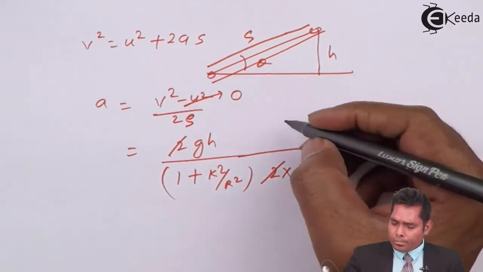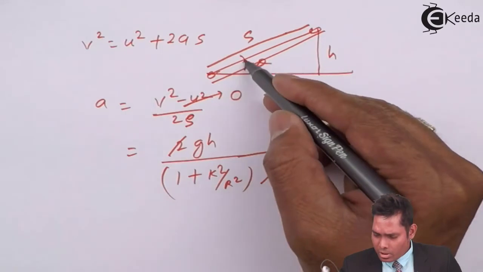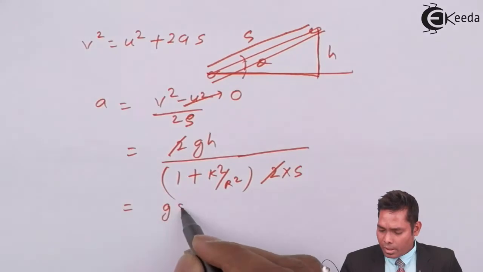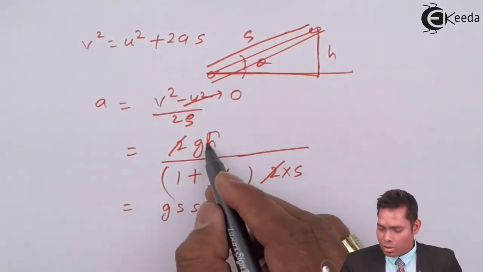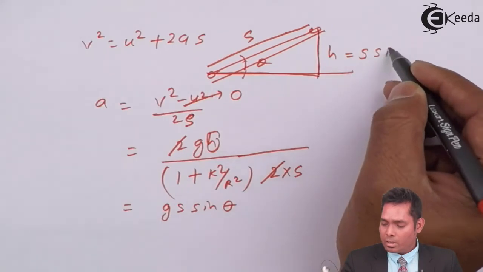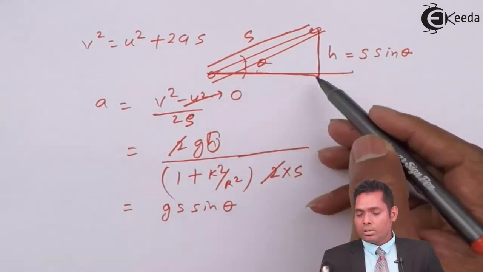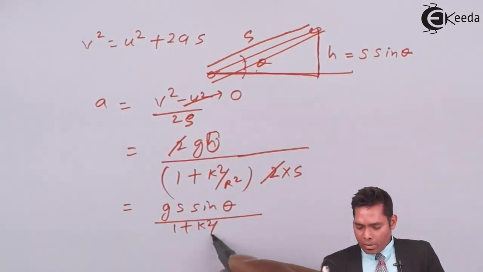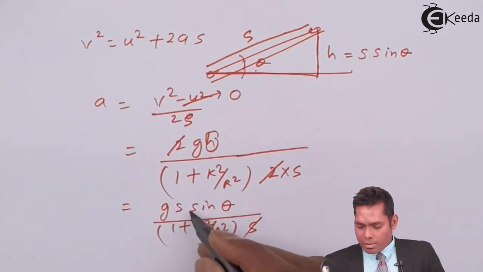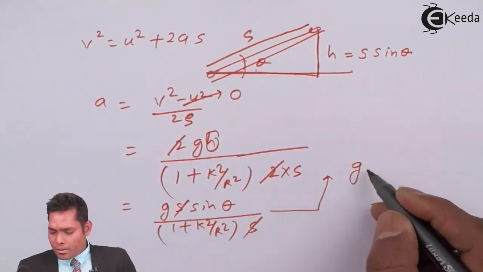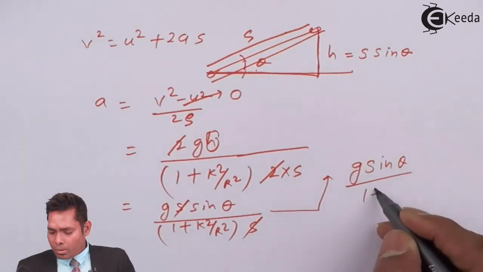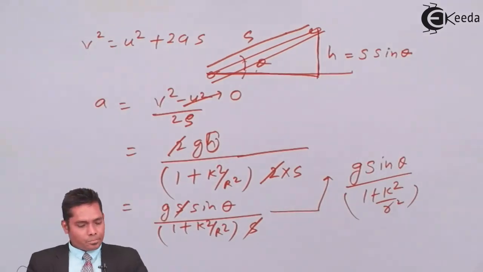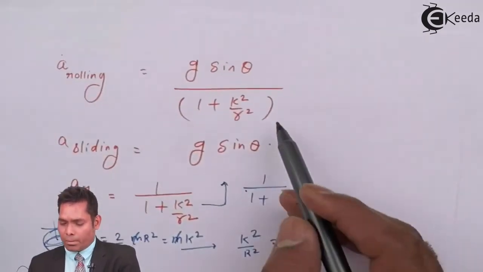So this is s cos theta, this is s sin theta. I'll write s sin theta in place of h. This s will cancel out, and what is left is g sin theta over 1 plus k square over r square. This is how you get the expression for acceleration that I've directly used.